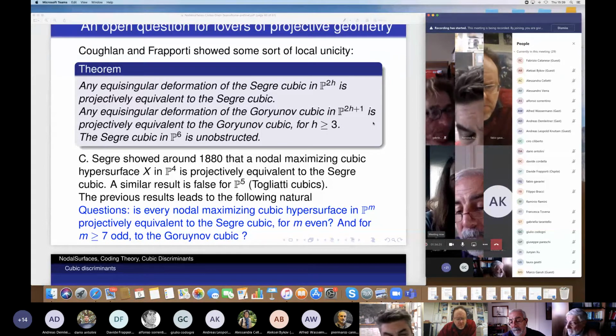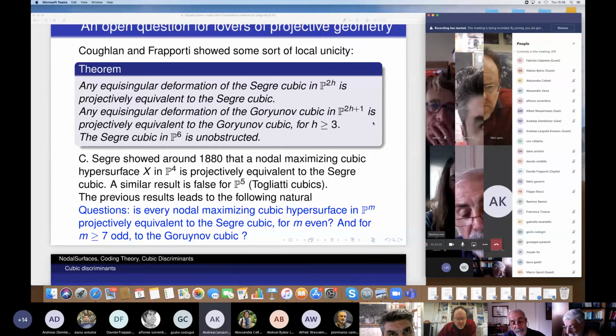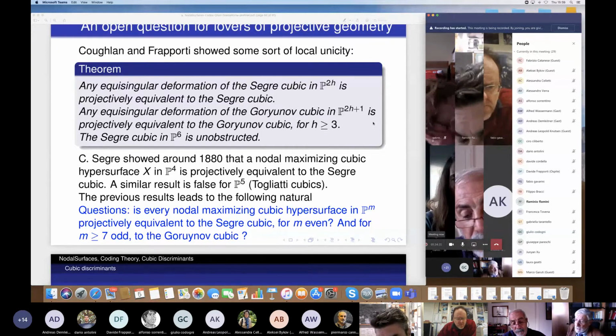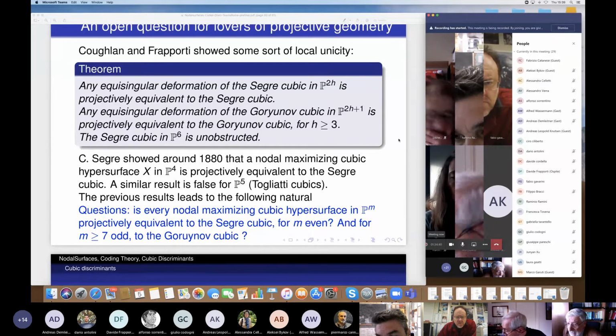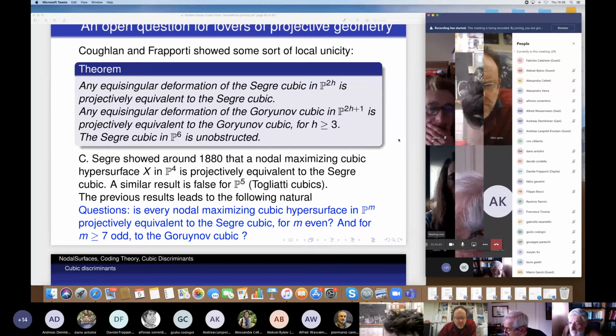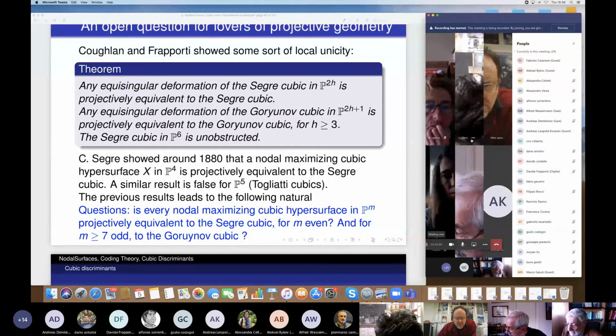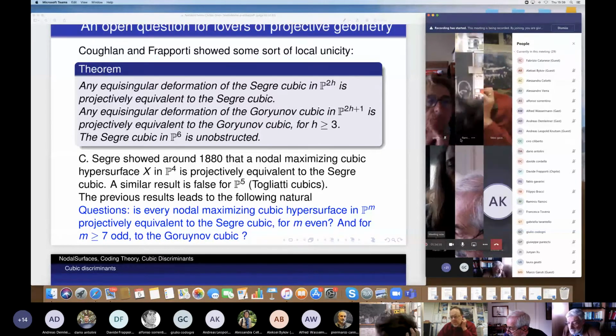Okay, and so you get not only all the possible numbers of nodes, but the Torelli type picture shows that whenever you have a subcode, you have a shortening, this is in the limit.